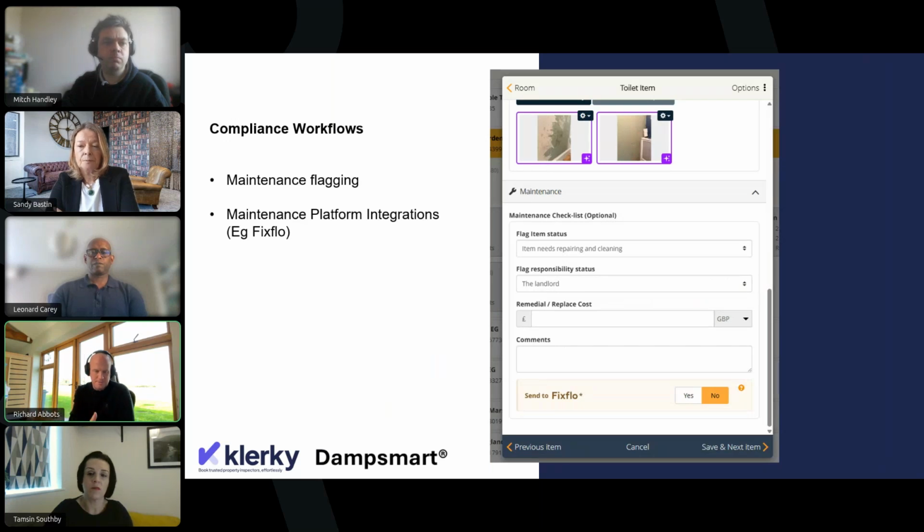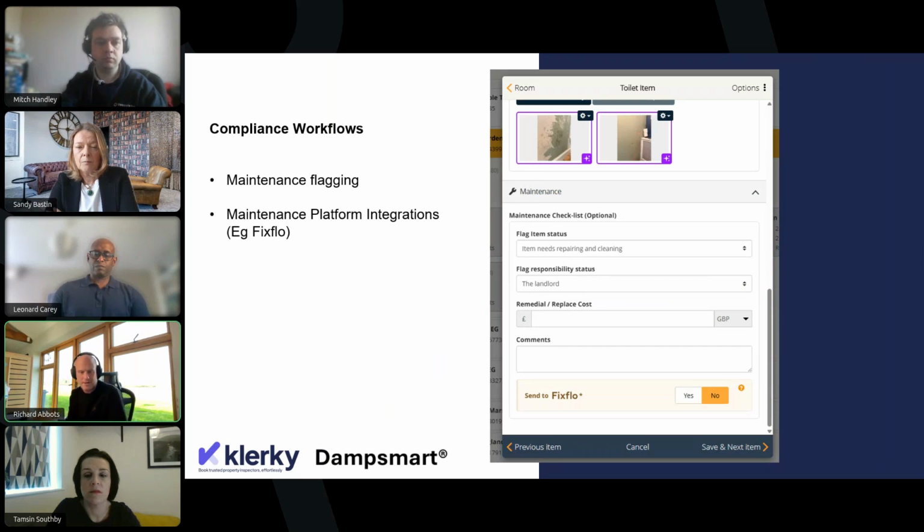Perhaps your next step is to introduce something like DampSmart technology. But in addition to that, how can you then instigate the next step? In other words, how can you trigger maintenance? Again, that's where technology can allow you to send maintenance issues through to platforms like FixFlow, or generate a spreadsheet that summarizes those maintenance issues.